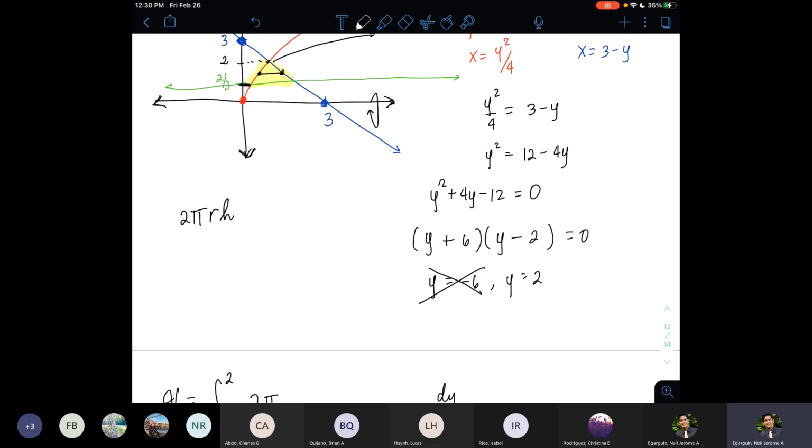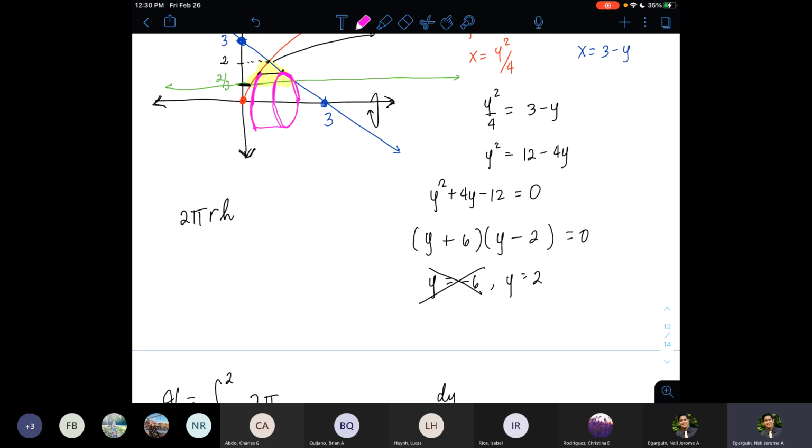Again, it's easier if you have a visualization of the cylinders. As you do the revolution, the cylinders will look like this, or something like this. I hate sketching 3D, so bear with me. But essentially, this is how the cylindrical shells will look.